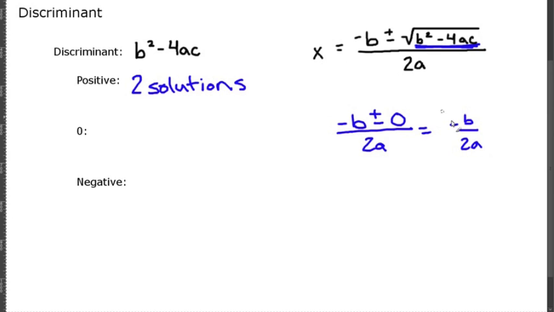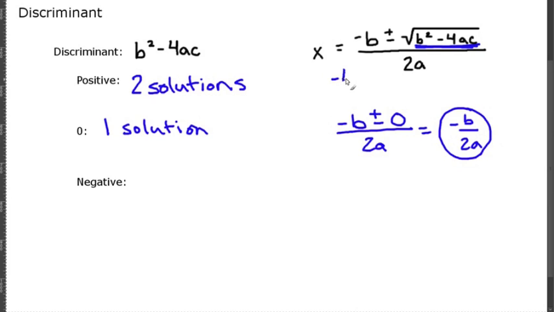So our x is only going to be equal to one solution. And that is because adding 0 or subtracting 0 from a number will result in that original number, which in our case is negative b. So it's just negative b over 2a.